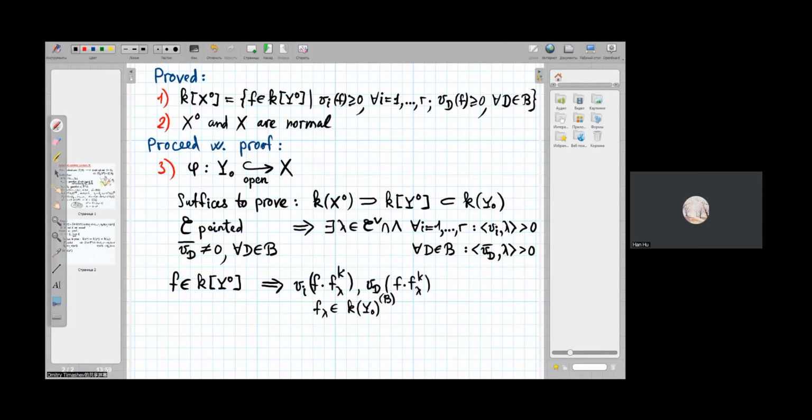So you may kill negative values of VIs and VDs on f by multiplying it with a sufficiently big power of f lambda, because for f lambda these values are positive. So you get non-negative values for sufficiently big k.